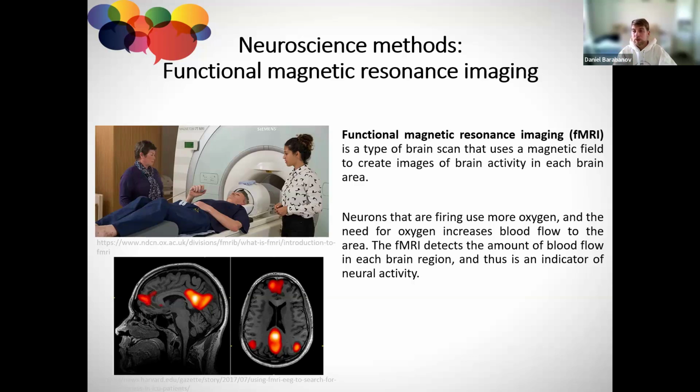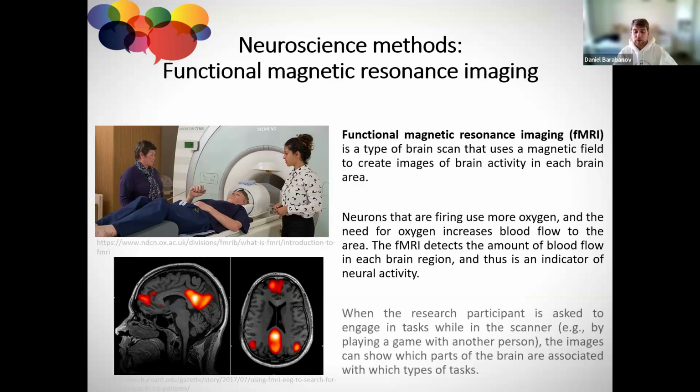Again, a participant inside this fMRI machine can be presented with different types of tasks, including, for example, calculating something, imagining something, thinking about something, or speaking. And psychologists and physiologists can detect which brain areas are more often responsible for performing those types of tasks.